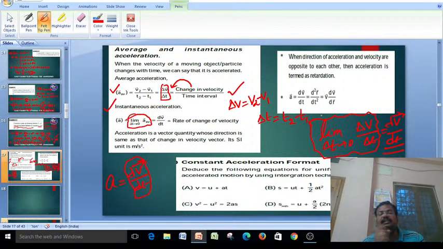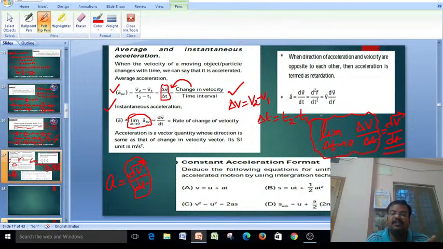Its SI unit is meters per second square. And the next point, let us check. When the direction of acceleration and velocity are opposite to each other, it is retardation.